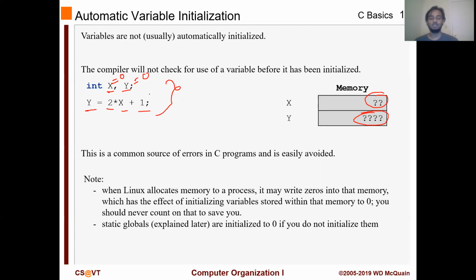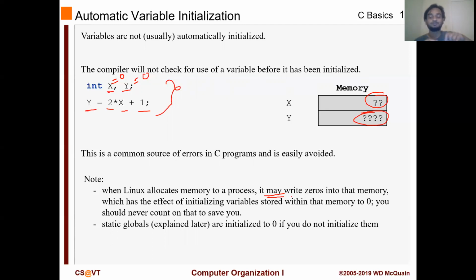Also note that when Linux allocates memory to a process, it may, and this is very important, it may do that. It's kind of based on luck, and honestly, you shouldn't be relying on luck when you're working with C, because C programs are always used in the most delicate stuff. So if you want to be a C programmer and work with very delicate stuff, you should be delicate with it, and you shouldn't be leaving everything to your luck.